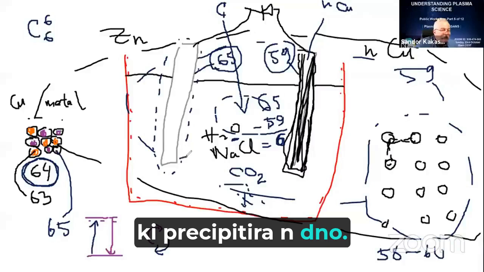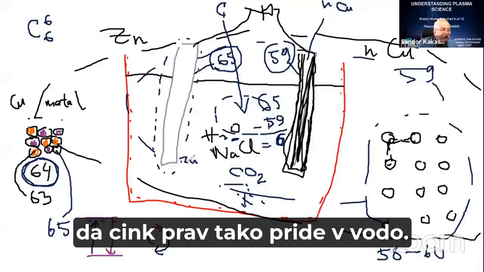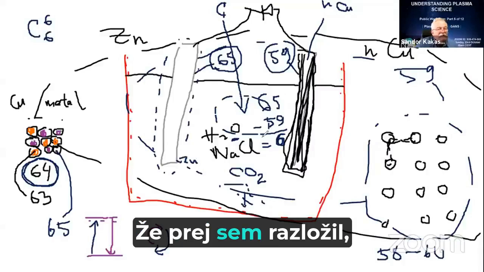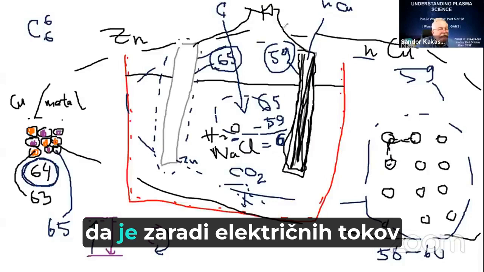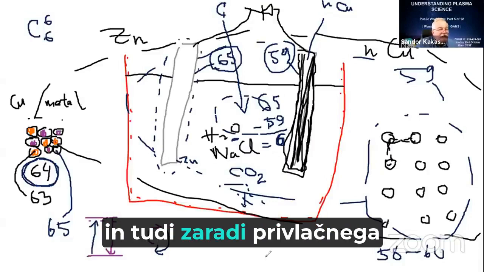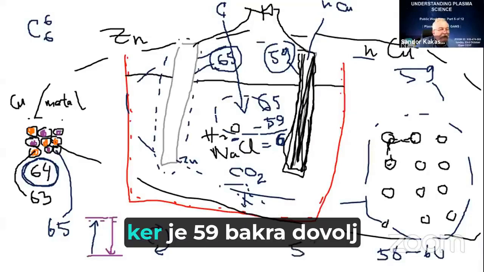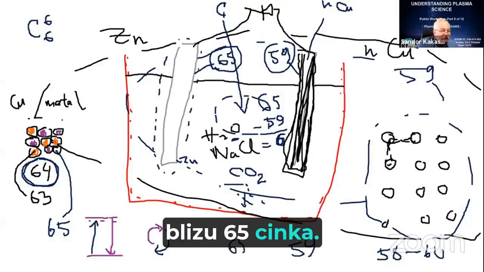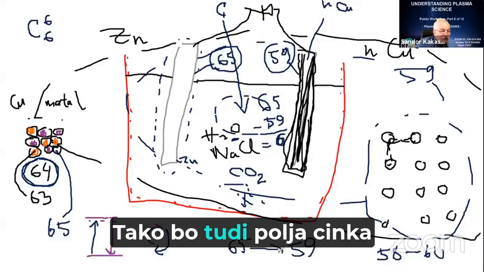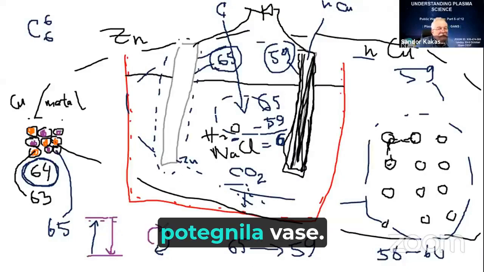Of course, at the same time, you have also other conditions, such as zinc also getting into that water. I explained before, this is because of the electric currents, and also because of the field attraction, because 59 of the copper is near enough to 65 of the zinc, so it will also pull the fields of the zinc too.